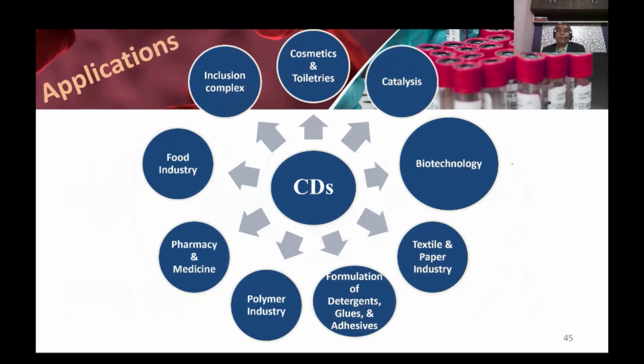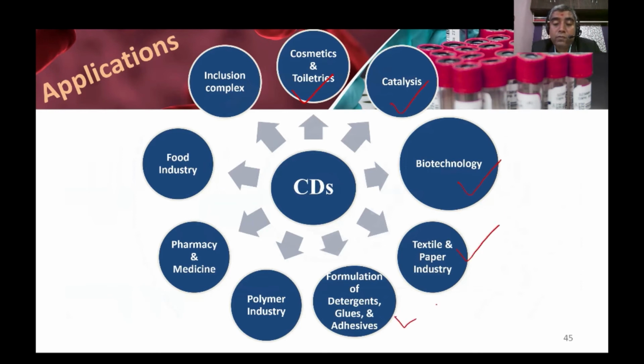Applications of cyclodextrin. Cyclodextrin has a wide range of applications. It is used in cosmetics and toiletries. It is also used in catalysis and in biotechnology. It is used in the textile and paper industry.